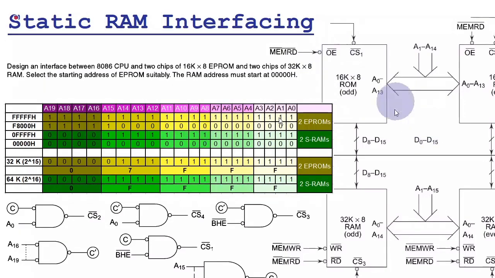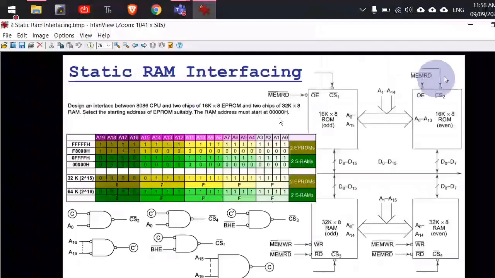So let us talk about these two ROM chips first, right? Two ROM chips are connected here. Now, let me just show you the relevant slide for even and odd memory organization so that things will become further clear to us.